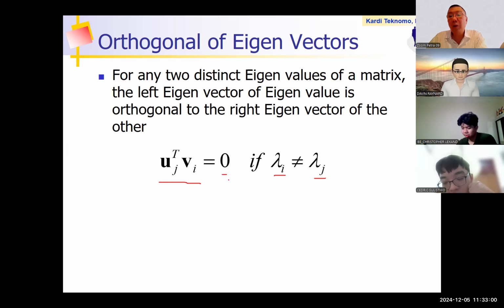You will get orthogonal. So eigenvectors of distinct eigenvalues are orthogonal.